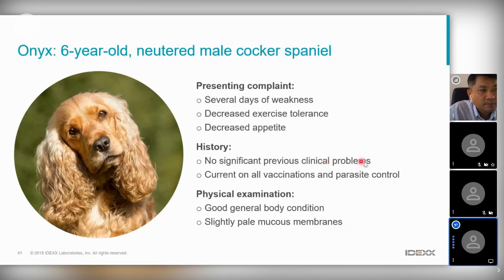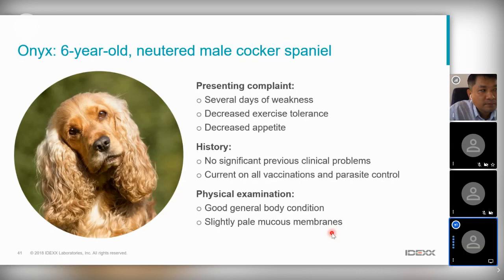In the history, there were no significant previous clinical problems recorded, and he was up to date on all his vaccinations and parasitic control. When the physical examination was done, a good general body condition was found. There was nothing that could be considered pathology, but there was slightly pale mucous membrane.